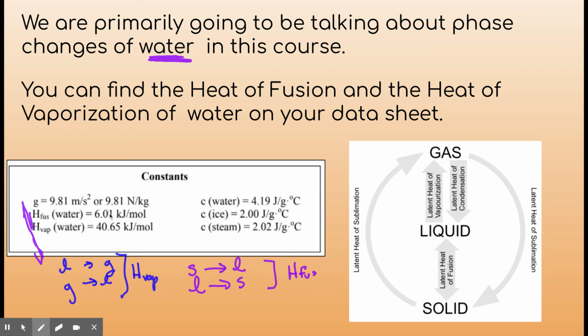So heat of fusion requires only 6.01 kilojoules for 1 mole of water, sorry, we're going heat of fusion, solid to a liquid. Heat of vaporization requires a little more energy in order to go from a liquid to a gas, even though it's the same amount of water. So we have to pick these very carefully.